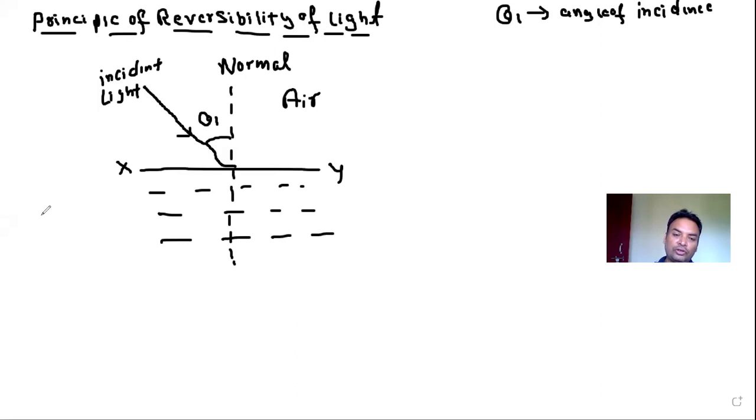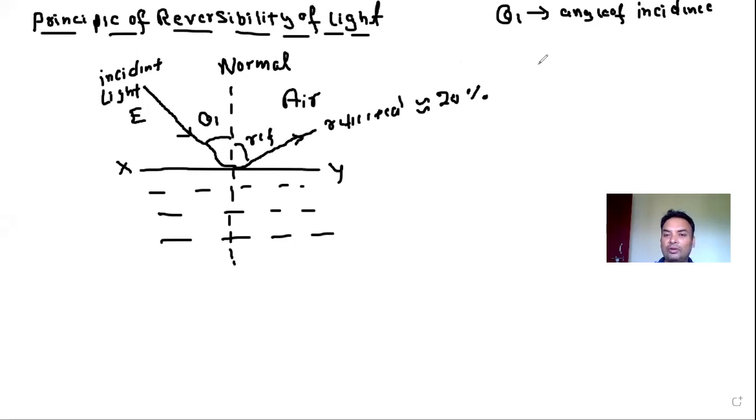The energy of the incident light is E, and some portion is reflected, nearly 20% is reflected, and this is called the angle of reflection.